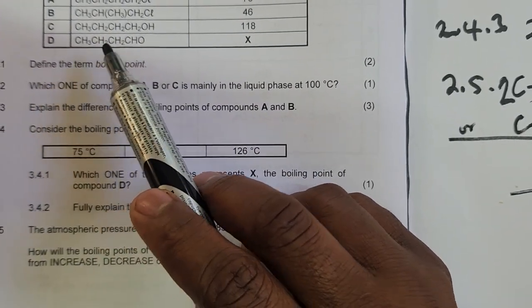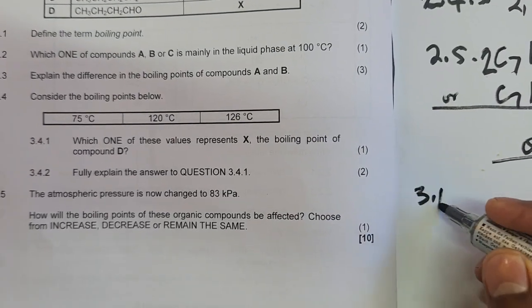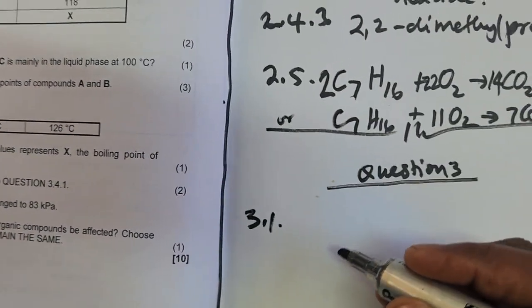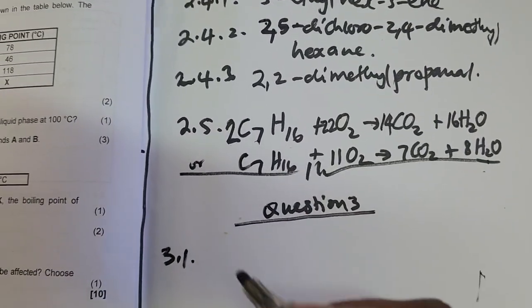Now, define the term boiling point. That's the 3.1. Boiling point, remember, is a temperature. Melting point is also a temperature. Vapor pressure, just pressure.